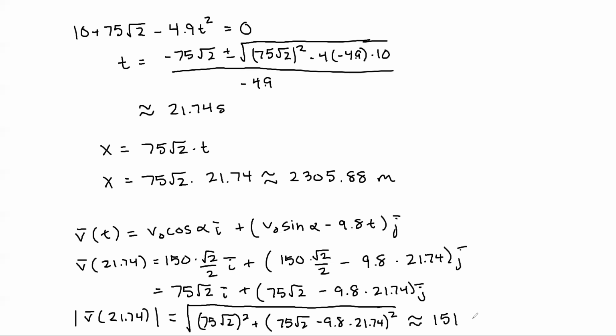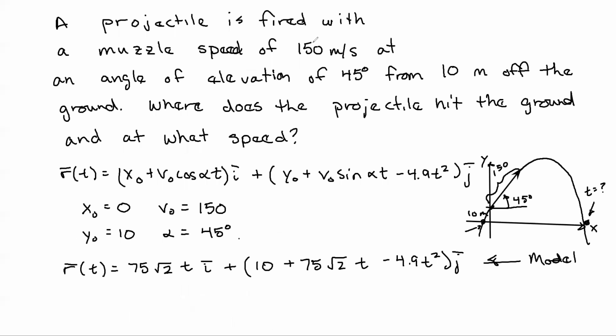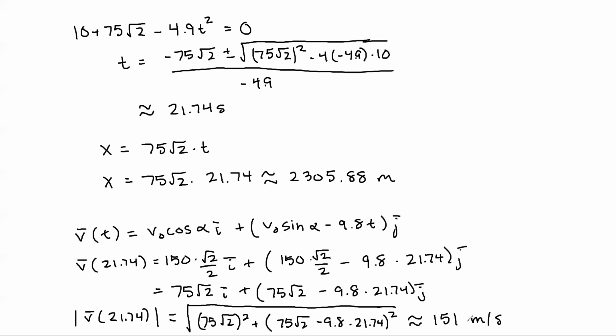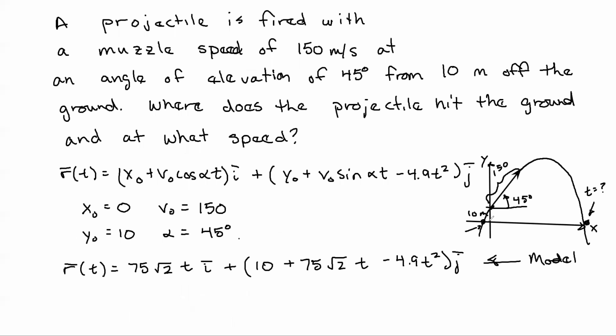And so the speed is 151 meters per second. You could compare that to the launch velocity. The muzzle velocity when the object was launched was 150, and when it hit the ground it was 151. The fact that the two are so similar is not a coincidence, and that's because the object is not very high off the ground.